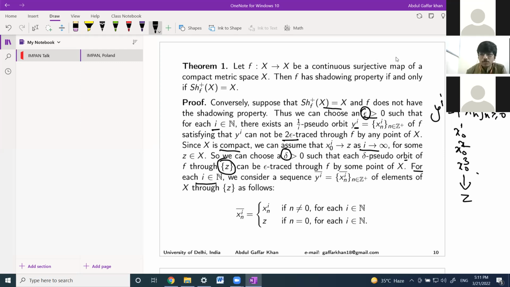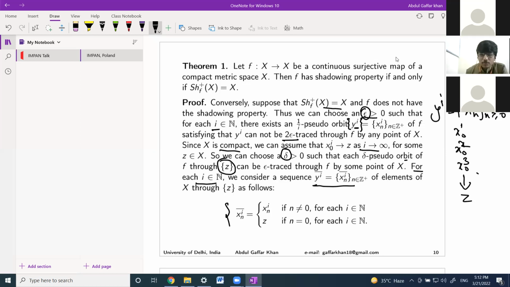We will use this to arrive at a contradiction in the following way. First, we consider new delta pseudo orbits passing through z, built from the 1 upon i pseudo orbits y_i.